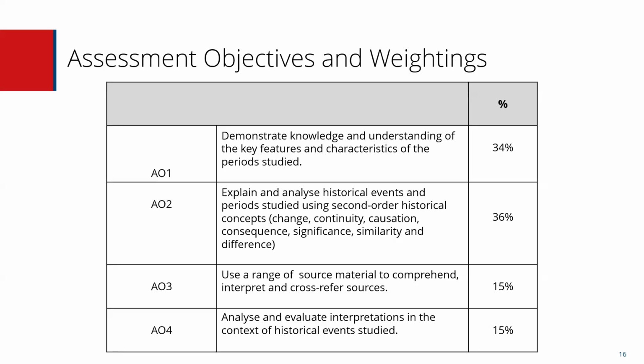AO3 is using a range of source material. So they will need to show comprehension, interpretation, cross-referencing. And AO4, analyze and evaluate interpretations in the context of historical events studied. I think I said to you last time, some teachers find it really useful to build that into the teaching and learning, and some don't.